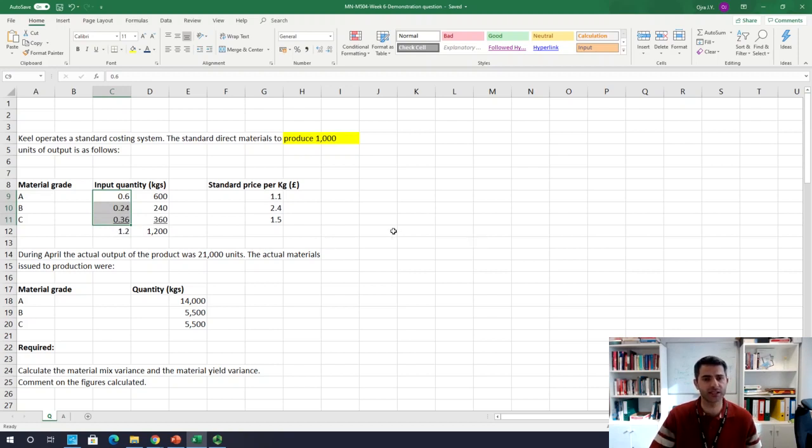So for this unit, we expect to use 0.6 of material A. Let's say chocolate. 0.24 of material B, raisin. 0.36 kilogram of material C, nuts, etc. These are the standard mix.